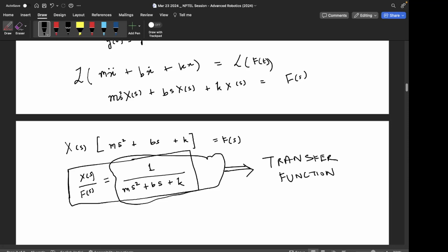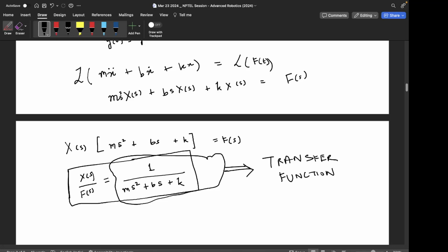So we get a relation between the input and the output, and for the systems for which we can clearly write these relations, that expression is called the transfer function.